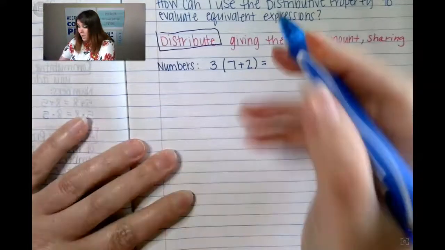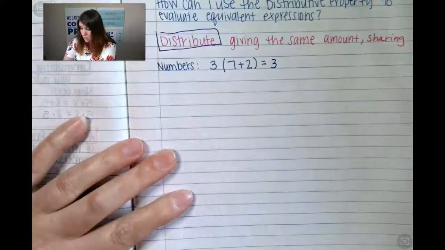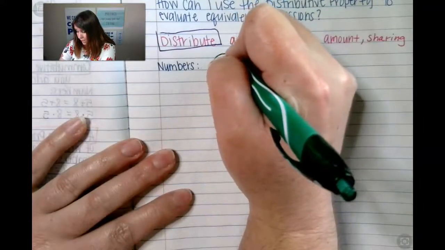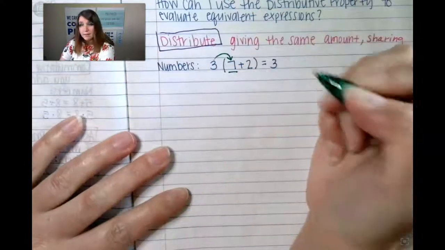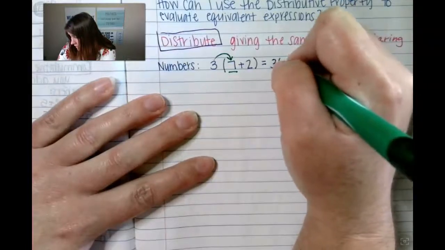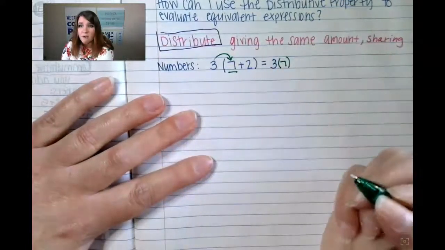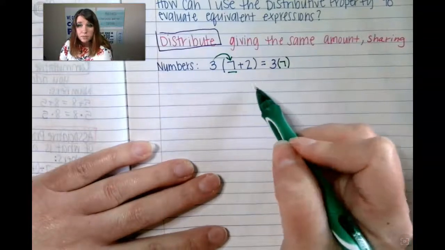Now, I can say that this 3 can be shared with the first number here, which is a 7. I can say 3 times 7, or 3 groups of 7. The 3 is shared with the 7.